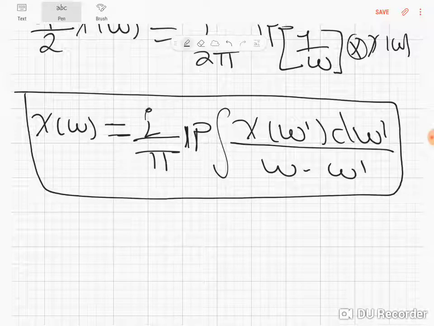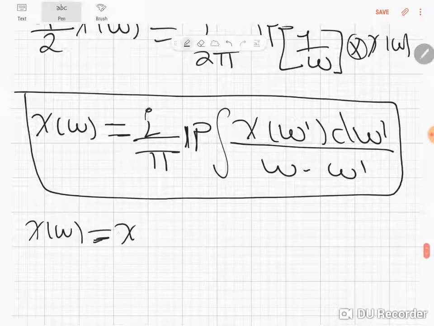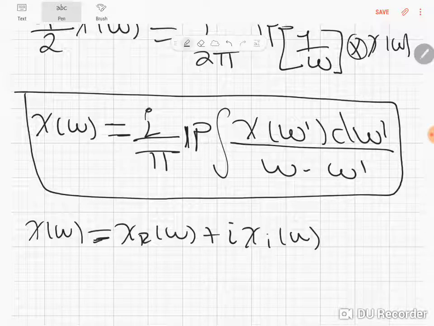So now, to derive the so-called restrictions, chi of omega can be written as a real part plus i chi imaginary part. If we replace that upstairs, we end up with the following formula.